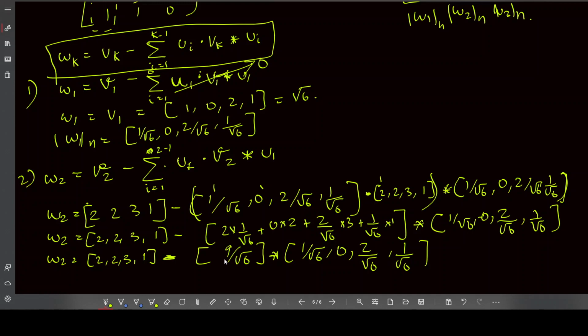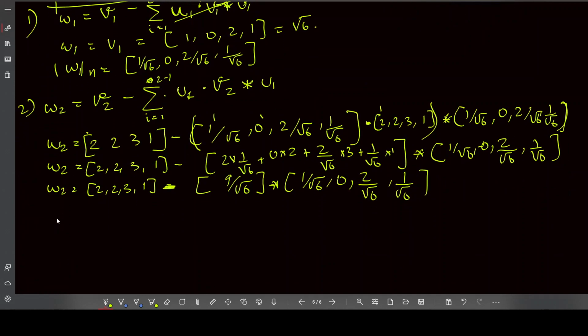Okay. Now this is scalar multiplication. So I have W2 equals 2, 2, 3, 1 minus 9 into 1 by under root 6. So that is 9 by 6.